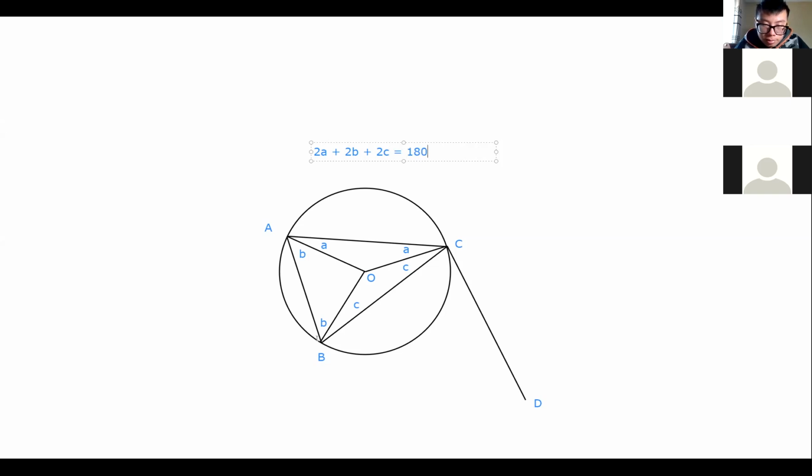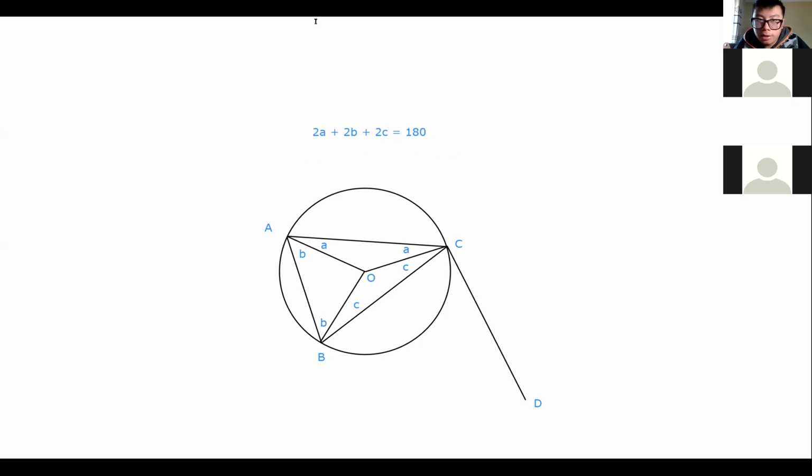So we have a plus b, that's one angle of this large triangle. b plus c, that's also another angle of this large triangle. And a plus c, which is also an angle of this large triangle. And you add them up, you get 2a plus 2b plus 2c is equal to 180 degrees.